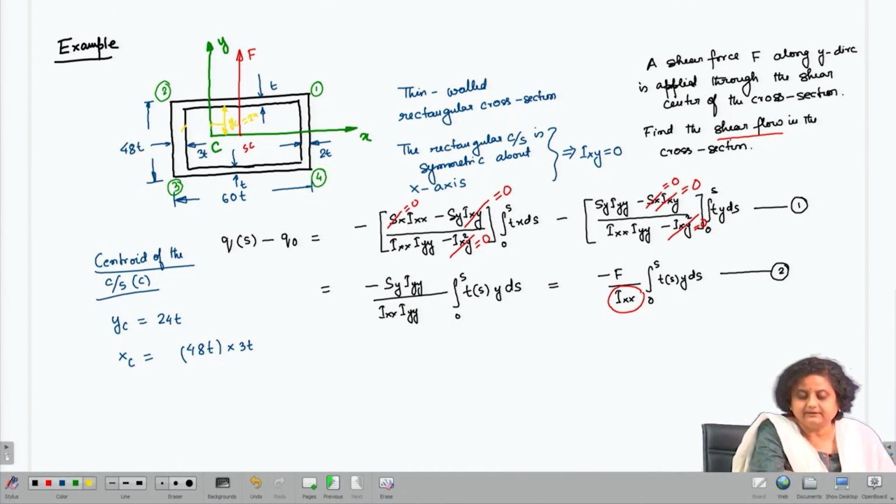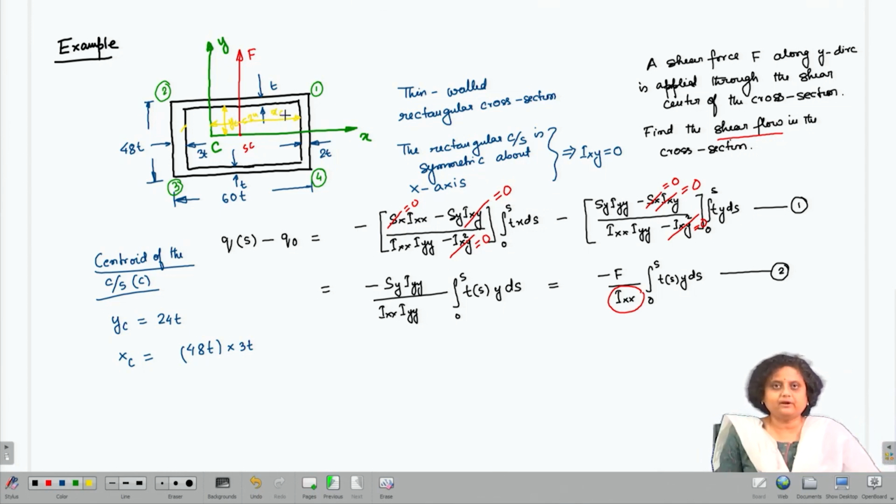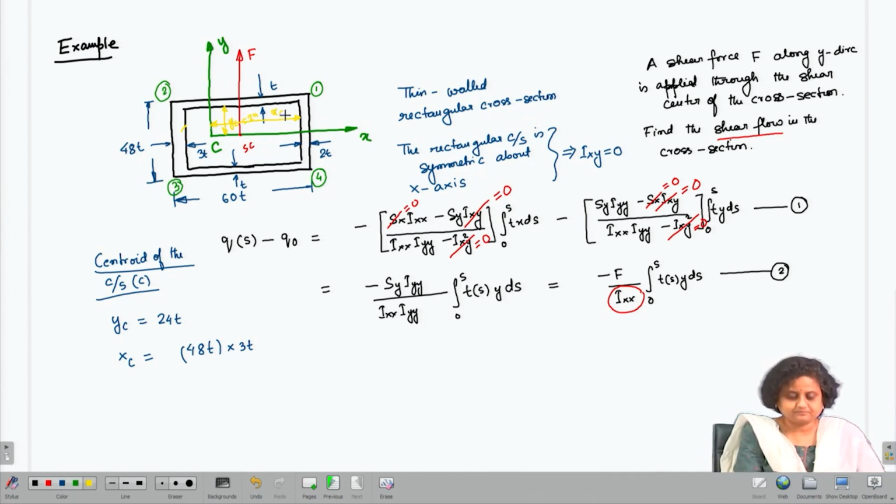I have taken this to be x c. So, I am finding out x c from the web 1 4. Therefore, x c is 48 into 3 t into 60 t.